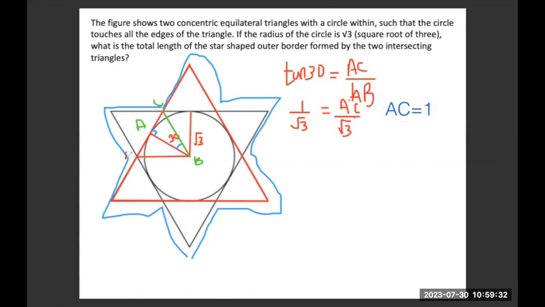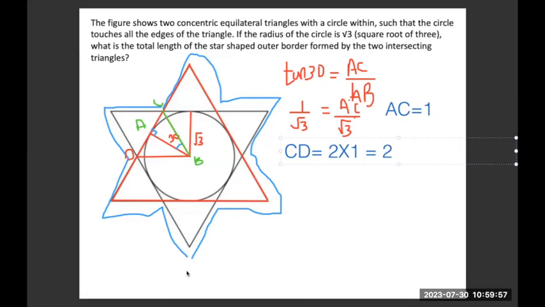I say this is D. Okay. So CD का value will be 2 into 1, which is 2 units. CD का value is 2 into 1 because AC plus AD is CD, or this is 1 and this is also 1. So CD का value is 2 units.